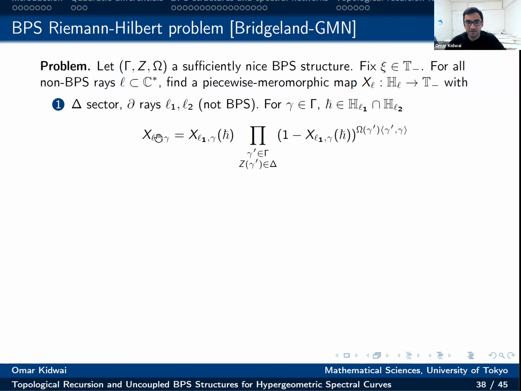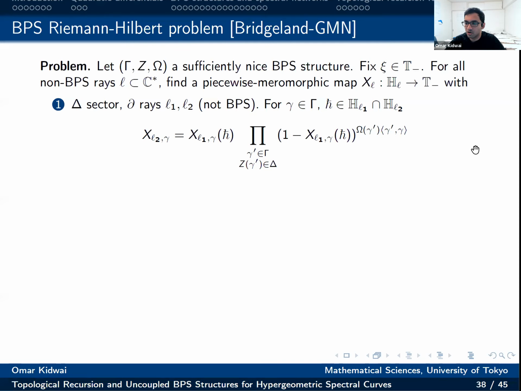So for every x_γ, I want the two functions to be related in the following way: they're the same up to this jumping factor. And this jumping factor is given exactly by the BPS structure, so I have the Ω appearing here. I take the product over everything inside the sector. If I have ℓ1 up to ℓ2, and there's this sector that I'm drawing, there will be a bunch of BPS rays, meaning the central charges of my non-zero Ω's.